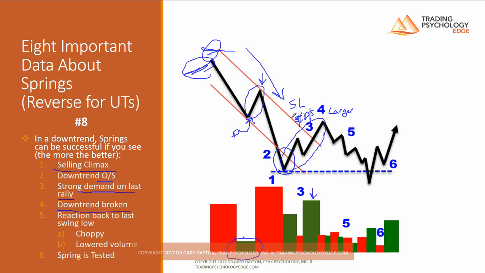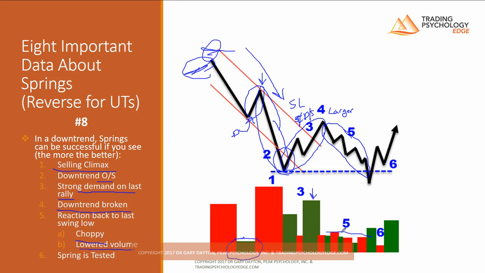That's important. The reaction back down is choppy. Lots of price bar overlap. It's not coming swiftly down the way it was here. Now it's taking its time coming down. And the volume is lower, much lower.